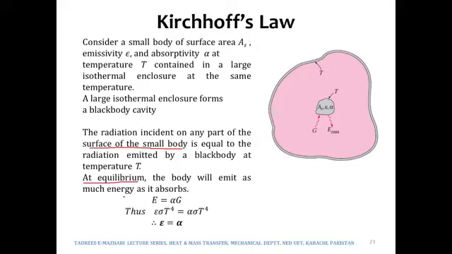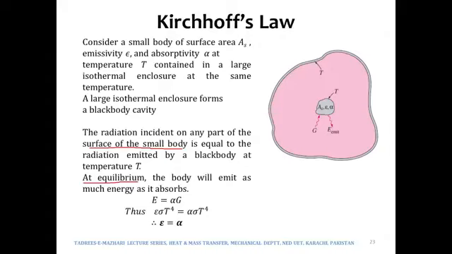Because if it absorbs more than what it emits, then its temperature will keep on increasing, and if it emits more than what it is receiving, its energy content will start decreasing. So if they are in thermal equilibrium, this small body will gain as much as it loses. It means that it will absorb as much as it emits.